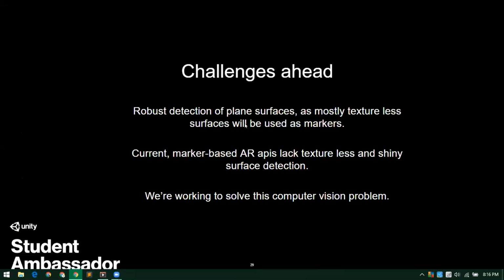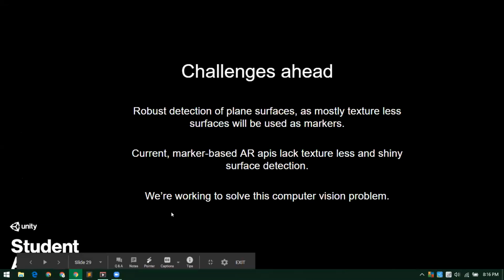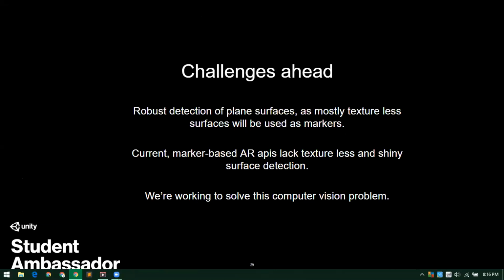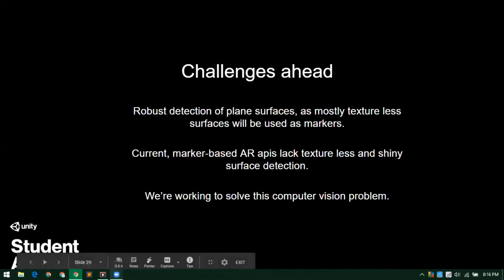The other challenge is to robustly detect surfaces which are not textured. To tackle that problem, we are working on our own marker-based detection API. We are creating it using OpenCV and integrating it into Unity. I will show the demo of it.